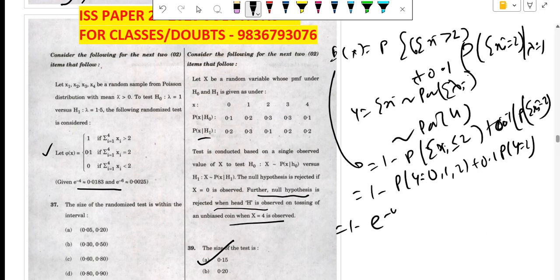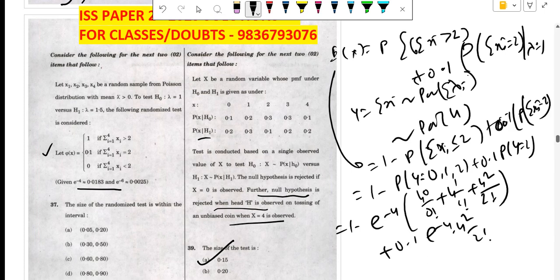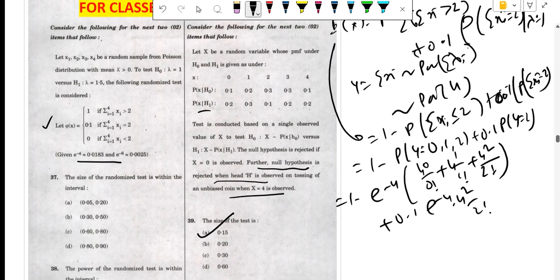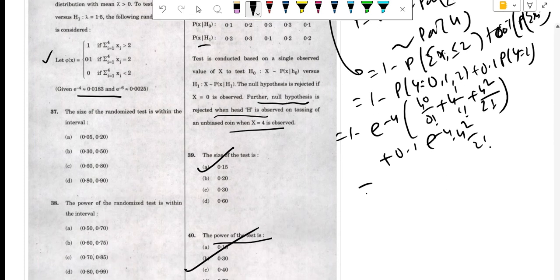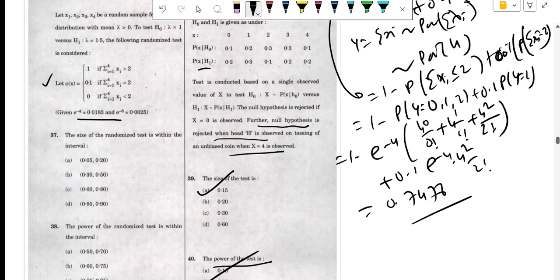So 1 minus e to the power minus 4 ... plus 0.1 e to the power minus 4 times 4 square by 2 factorial. So finally you can calculate, this will give you 0.7476, and option number C is correct.